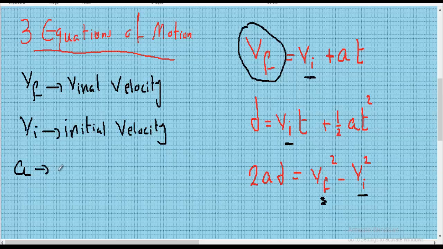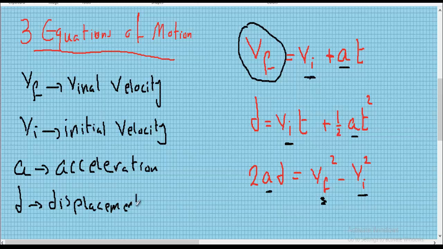A means acceleration. You will notice that acceleration is written in the three equations. D means displacement. D is written in the second and third equations. T means time.